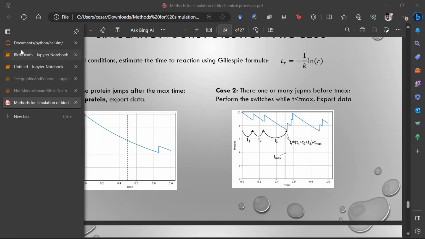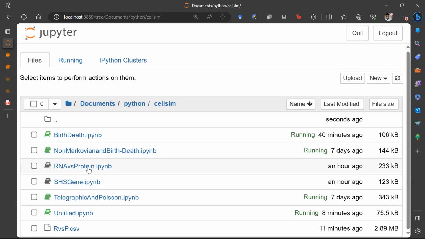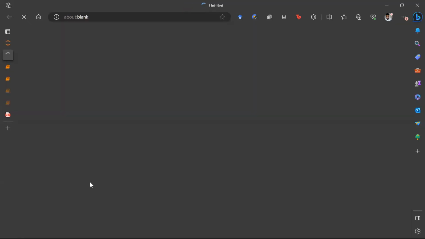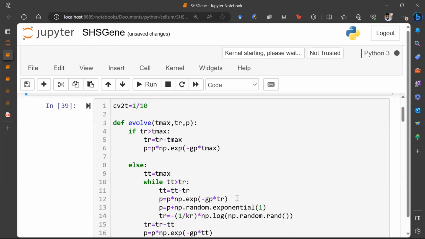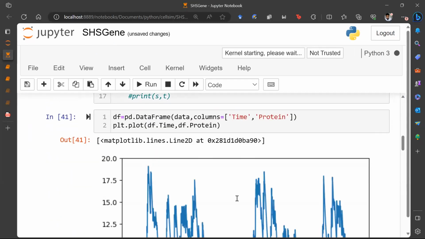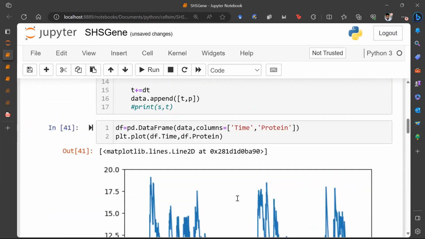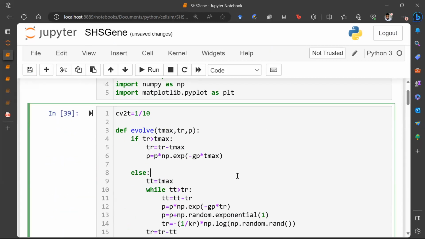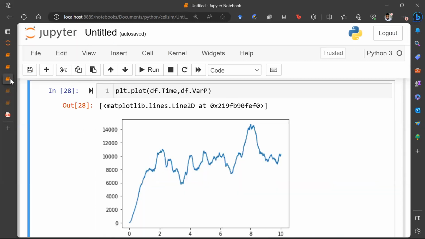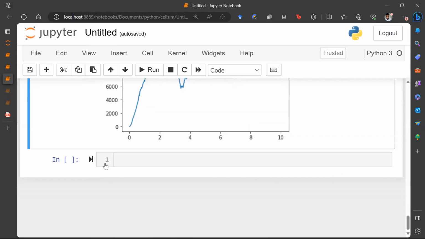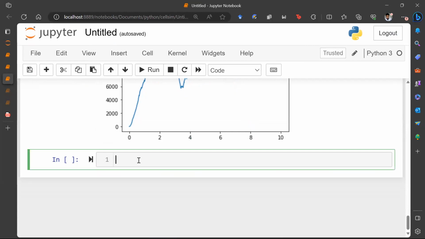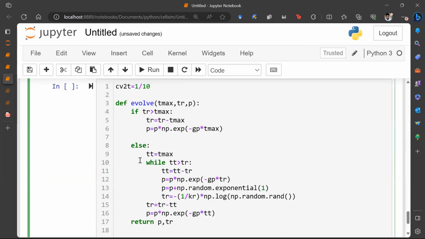Okay, so I have here the copy. You can check it more carefully; remember that in the repository in the description of the video is going to be this script. So here is the script.